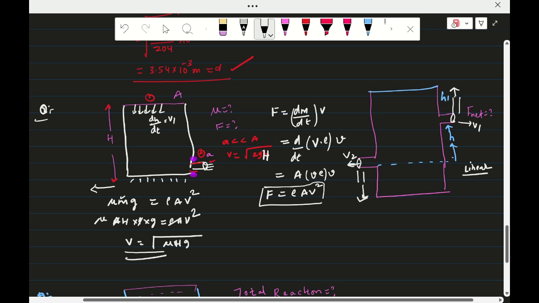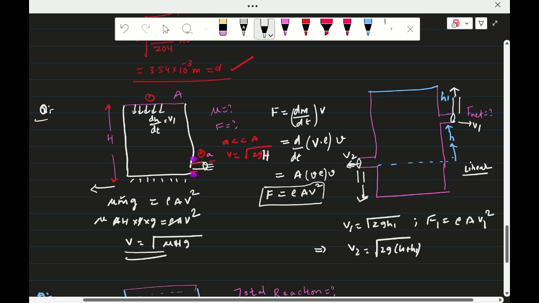So the velocity v2 comes out here and v1 there. It is very clear: v1 is equal to root 2gh1, and force 1 is equal to rho A v1 square, as already given in the earlier example. Coming to v2, if you apply Bernoulli's principle, you will get v2 square equal to 2g into h plus h1, the total height h plus h1.